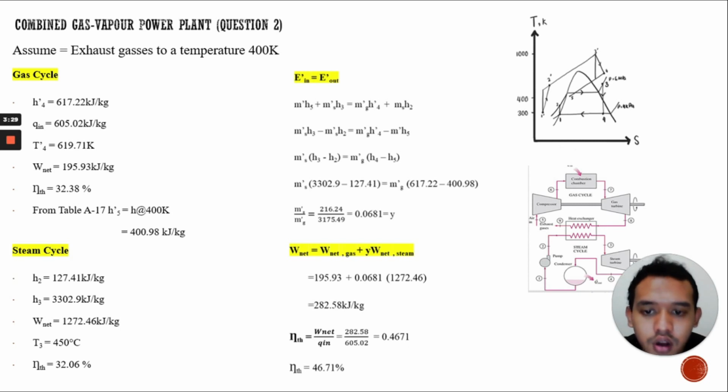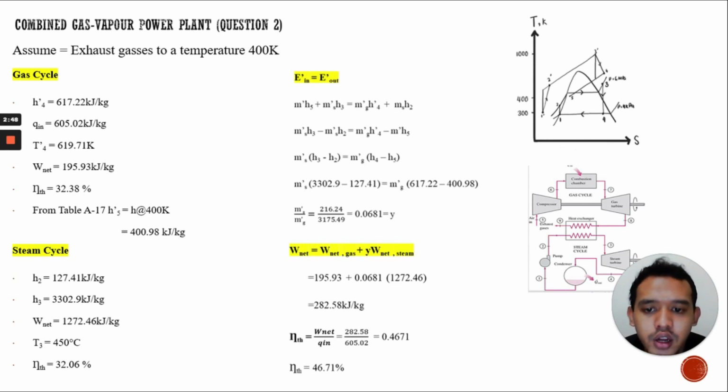Next, for Wnet, Wnet gas plus the ratio of mass flow rate times Wnet steam. For Wnet gas, we substitute the variable from the value we got before. 195.93 plus the ratio of mass flow rate 0.0681 times Wnet steam 1272.46.